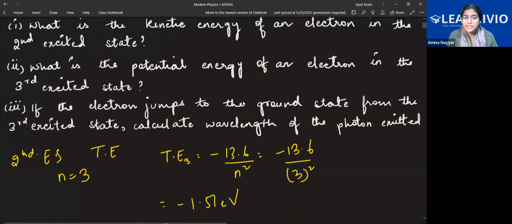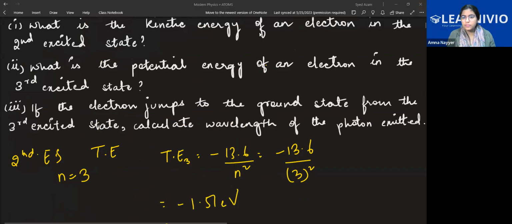Now, the third part says, if the electron jumps to the ground state from the third excited state. Just now you all told that the third excited state is 4. What is the ground state? Yes, Taha, right, 1.